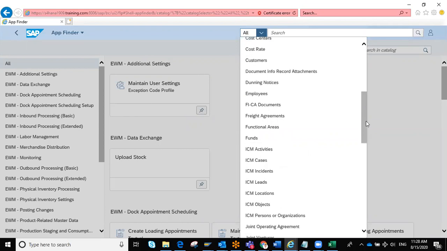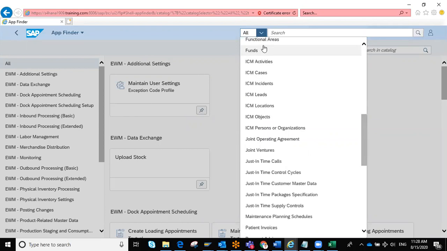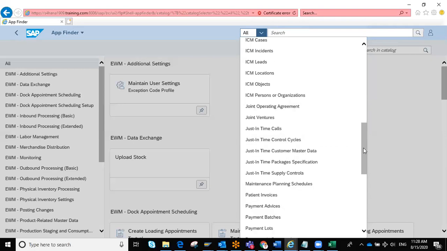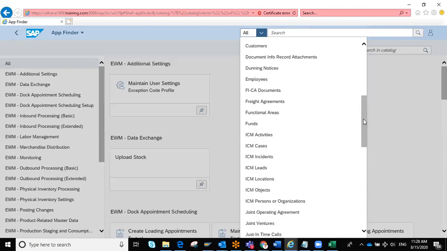A new thing has been added in S/4HANA, that is business partner. Now the old transaction codes of customers and vendors followed by the employees have been inactive.